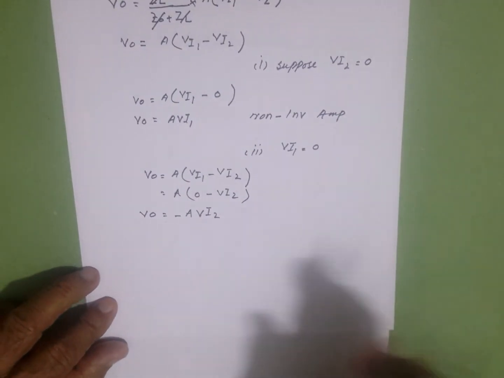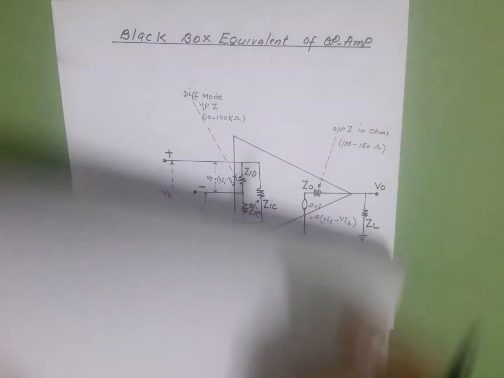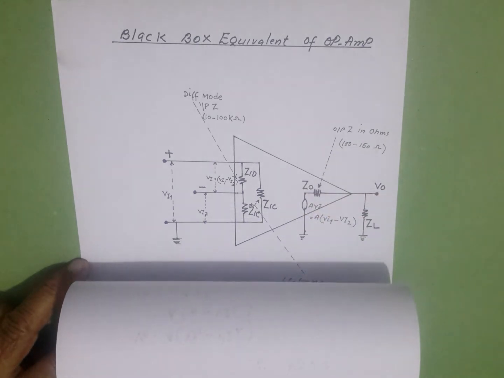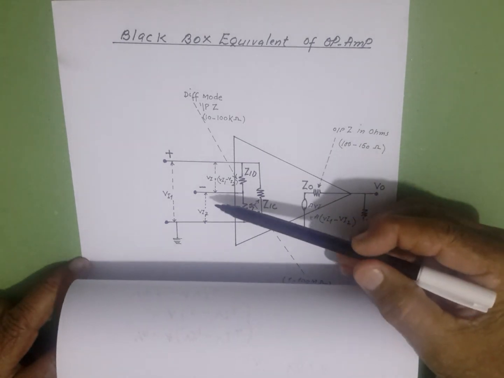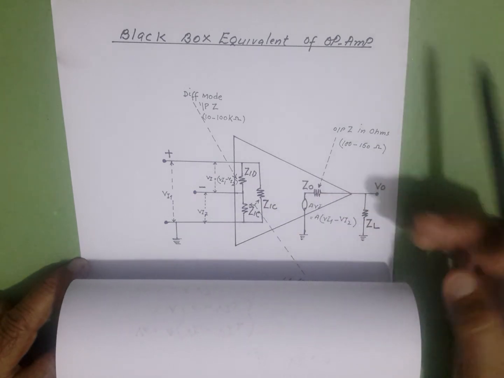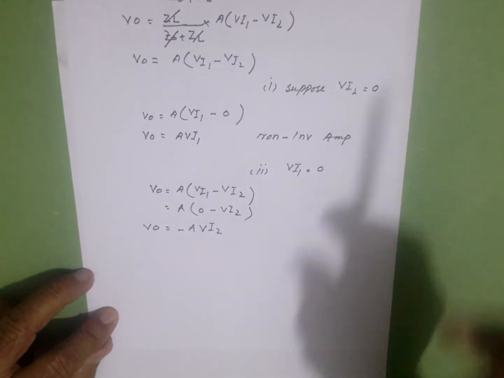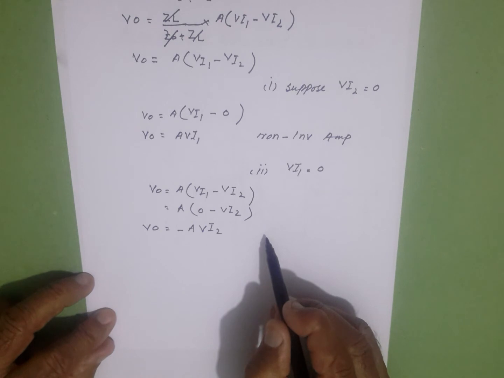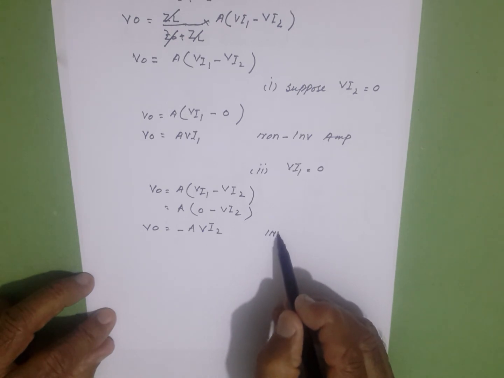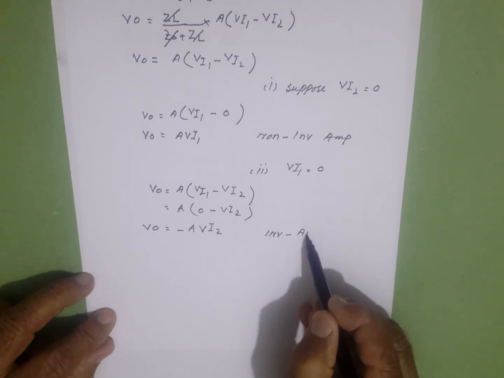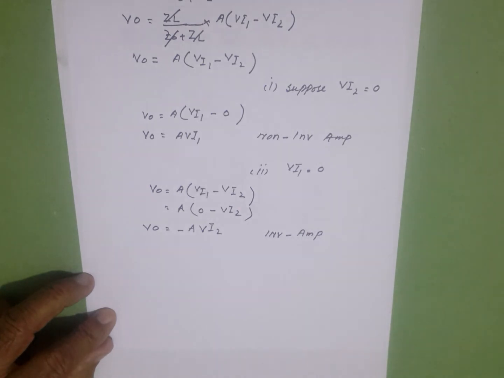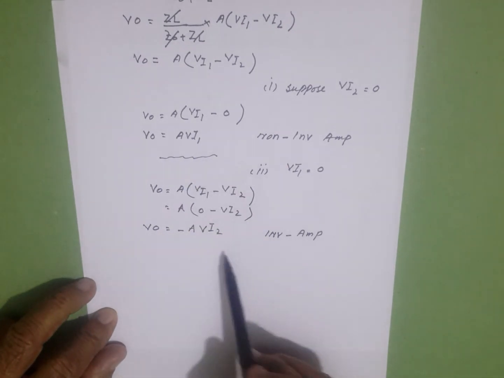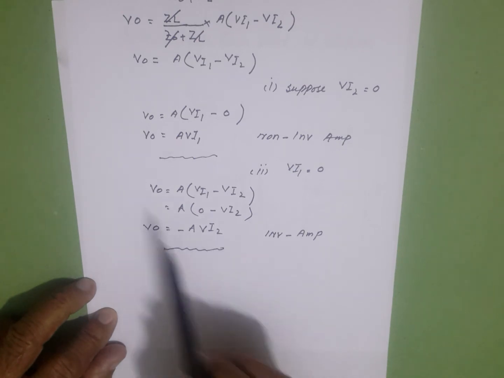From the formula we see that V input 2 is applied between the negative terminal and ground, and we already knew that this will be amplified in the output, but the phase will be inverted by 180 degrees. So we say that the amplifier is working as an inverting amplifier. Output is amplified and inverted in phase. This is the second case of supposition.